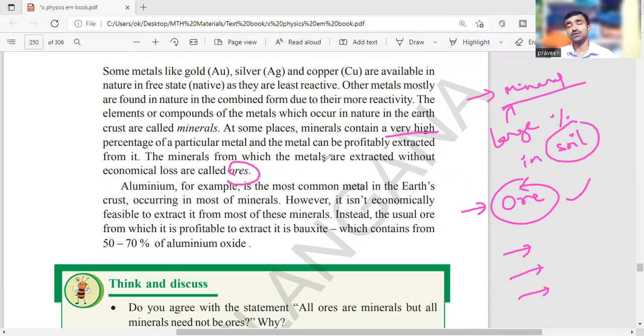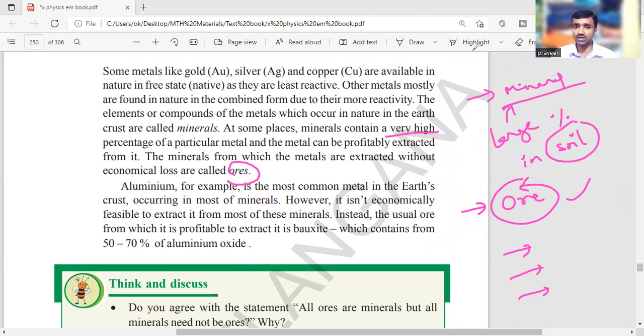The ore of aluminium is considered to be bauxite, because we save our time, energy and money. It is profitable to extract using that substance, so we call it ore. Bauxite contains nearly 50 to 70% of aluminium, so that's why bauxite only is considered the ore of aluminium, right?